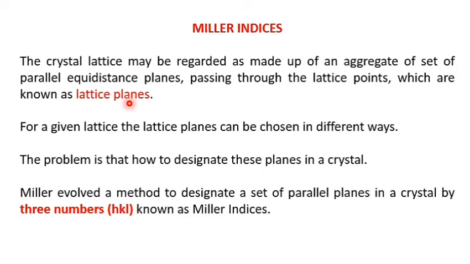So in order to understand the plane names, Miller is the scientist who evolved a method to designate a set of parallel planes in a crystal by 3 numbers H, K, L, known as Miller indices. So now you understand, Miller indices is nothing but a way to designate a set of parallel planes in a crystal by 3 numbers H, K, L.